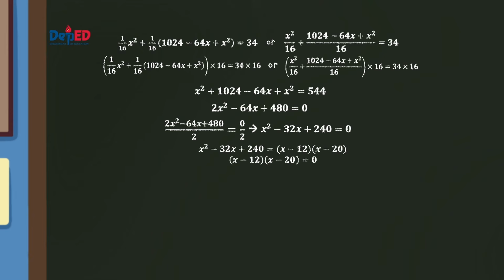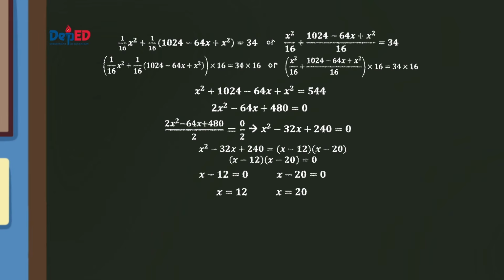X squared minus 32x plus 240 is equal to the product of the binomials x minus 12 and x minus 20. Hence the equation x minus 12 times the binomial x minus 20 equals 0. Equating each factor to 0, we can arrive at these values of x, 12 and 20.